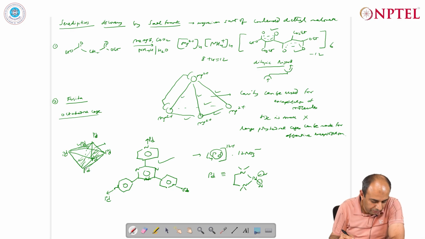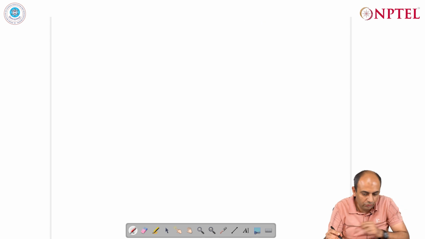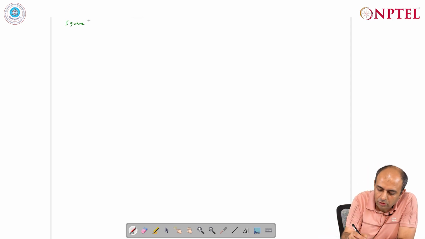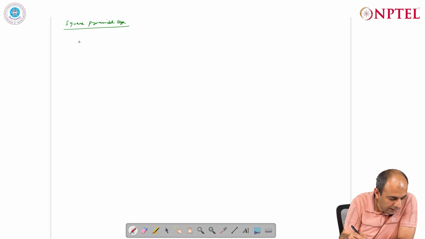Compared to this, there was another cage which was synthesized by Fujita, which is referred to as the square pyramidal cage, in which case he had okay.